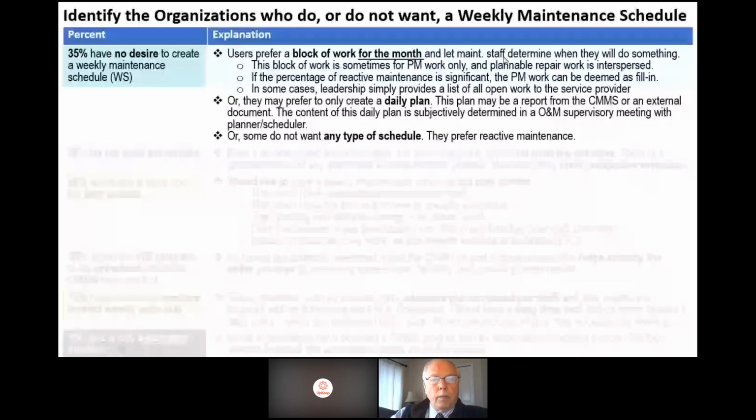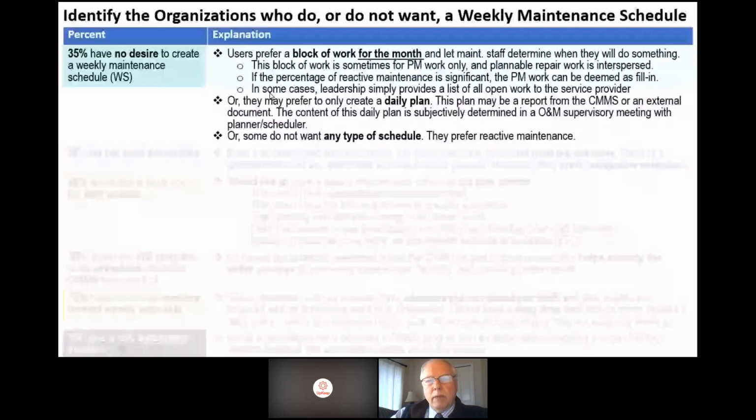And so, yep, this block of work is for PM work, like I just mentioned, and they use the repair work to sort of fill in, or sometimes it's the other way around. If the percentage of reactive maintenance is significant, the PM work can be deemed as fill in. Yeah, I know some of you are cringing, but this is what's happening.